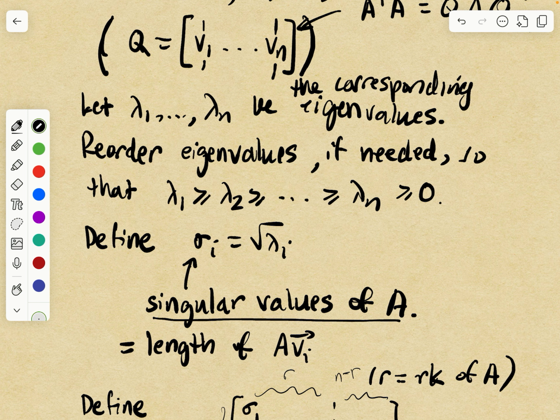If your matrix is not invertible, so if it's singular, then 0 is one of the eigenvalues of A transpose A. I'm sweeping some facts under the rug. One of them is that the nullity of A, the dimension of the zero eigenspace, is equal to the nullity of A transpose A.